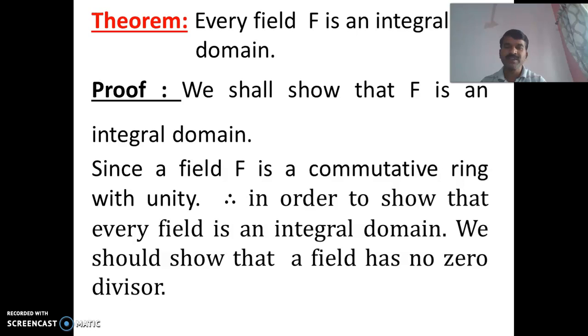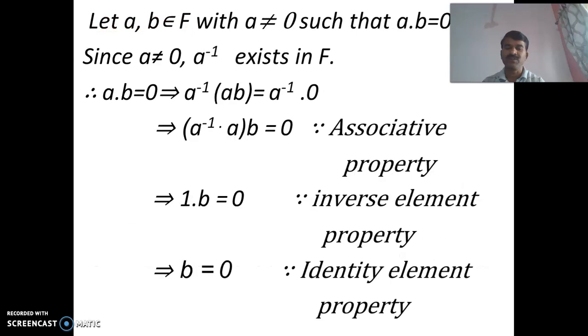Since F is a field, which is a commutative ring with unity, in order to show that every field is an integral domain, we should also show that a field has no zero divisor, because it has multiplicative inverses.